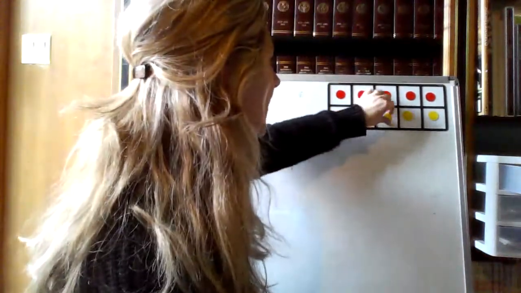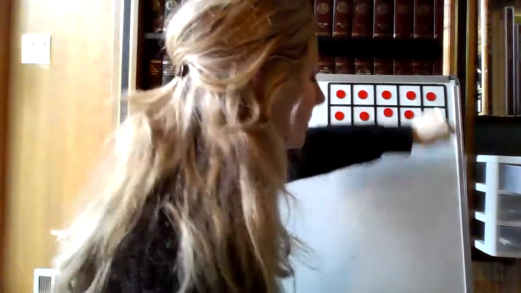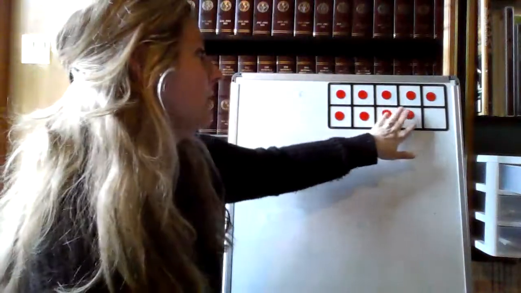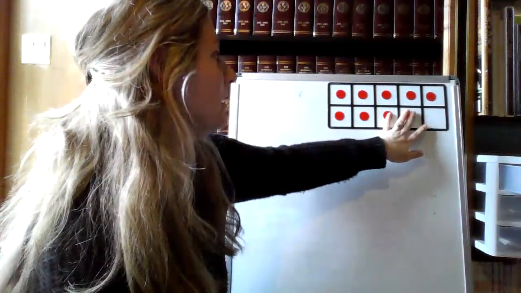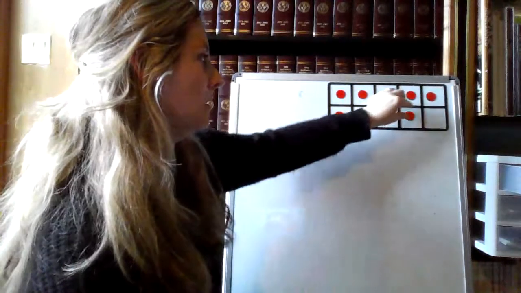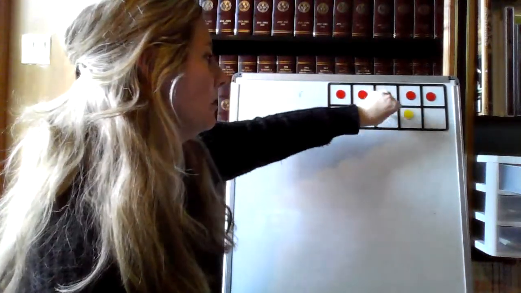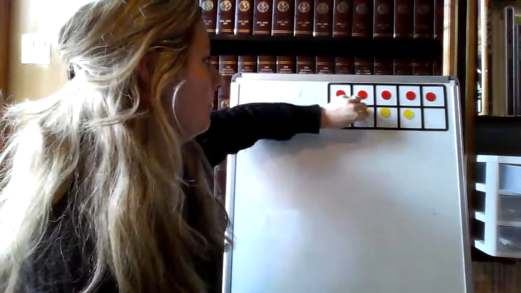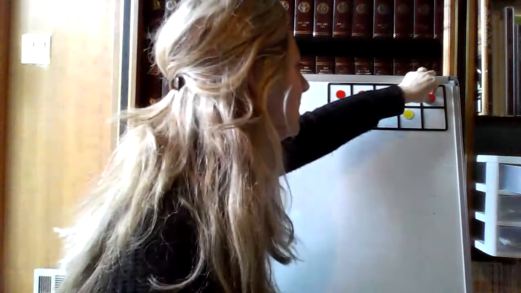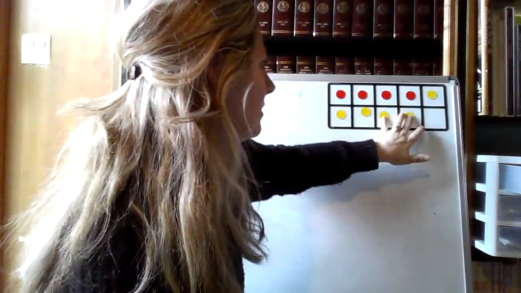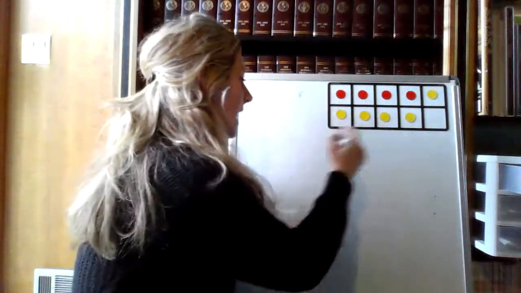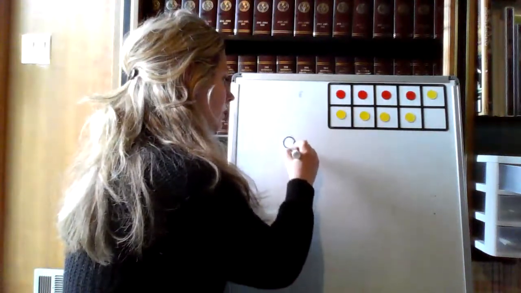Now, instead of 10 counters, I'm only going to have 9 counters. And I am going to take away some. And you notice how I'm keeping them kind of in order here. So I had 9, right?